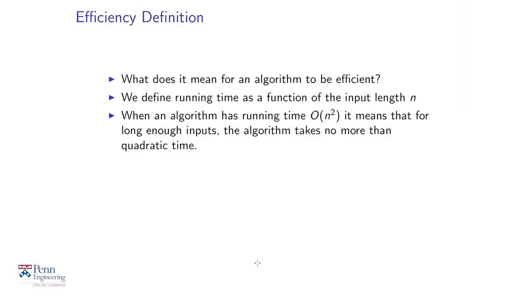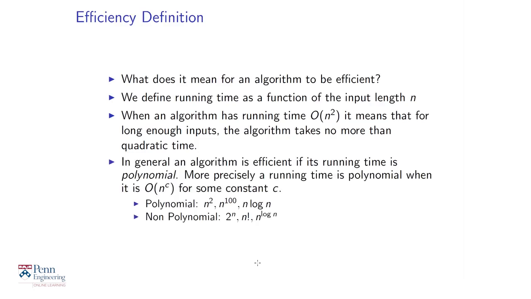So when you say that an algorithm runs in order n squared time, what it means is that for sufficiently long inputs, the algorithm takes no more than a constant times the quadratic time in the input length. And we say an algorithm is efficient if its running time is a polynomial of the input length.